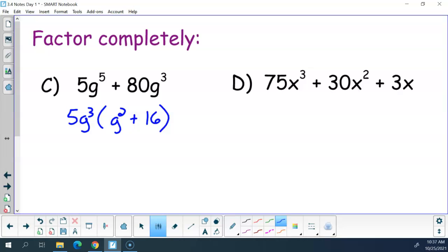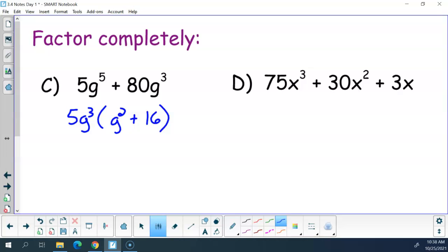Why not, Scobie? Why not? Well, because g squared is a perfect square. 16 is a perfect square. If you do the math, it equals the beginning equation. I know that, as it should. But I'm saying, can we factor it further?